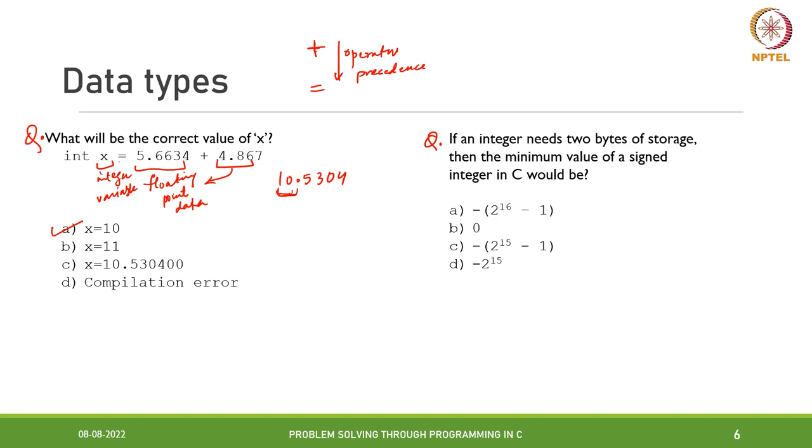After adding, you get the value of 10.5304, and then it tries to save this value in the integer variable x. Now this is a floating point value, and you're trying to save it in an integer variable, so it will drop the digits after the decimal. Because the digit after the decimal is just 5, it's not greater than 5, you will have just 10 being stored in the variable x.